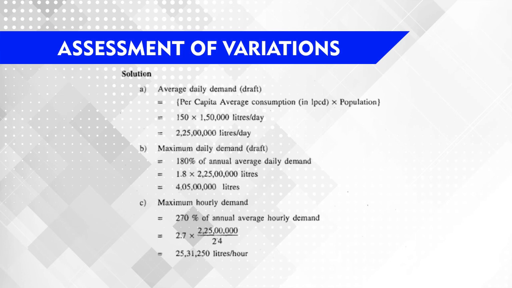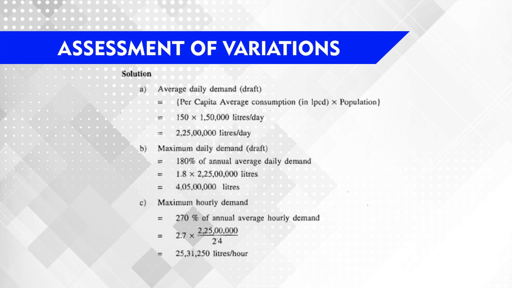Average demand is 225 lakh liters per day. So maximum daily demand, 180% of the annual average daily demand, is equal to 1.8 into 225 lakh liters. The answer comes 405 lakh liters.